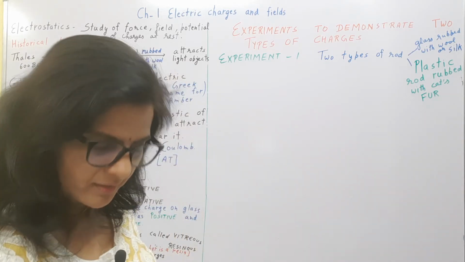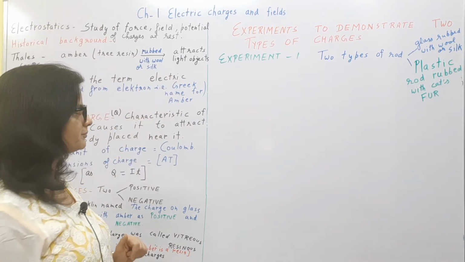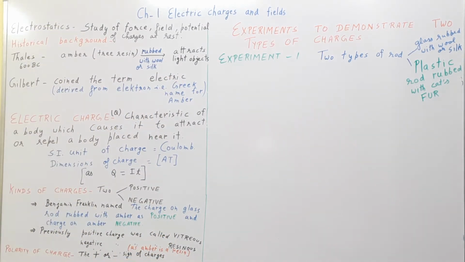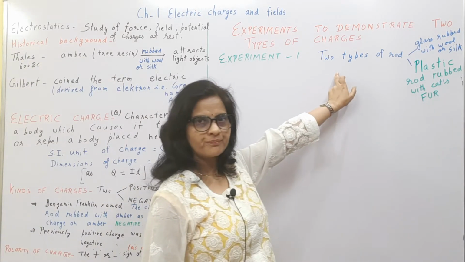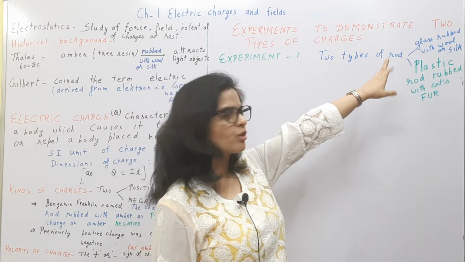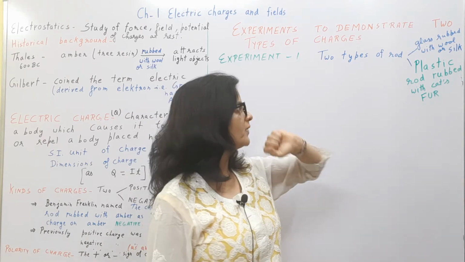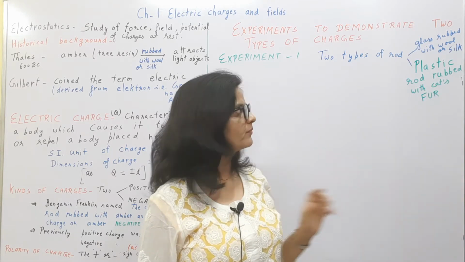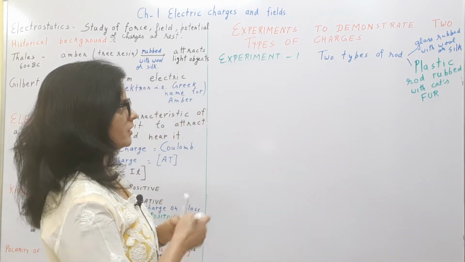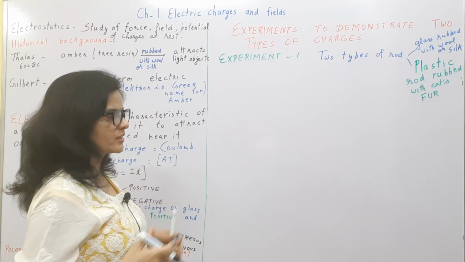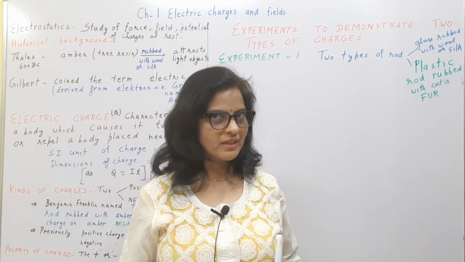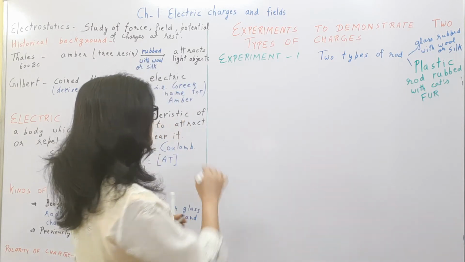Then we have experiments to demonstrate the two types of charges. So let's take the first experiment. In this first experiment, we have two types of rod. One is the glass rod which is rubbed with wool or silk, and the other is a plastic rod which is rubbed with cat's fur. And then these two types of rods were used in different combinations and certain observations were made which we are going to study here.